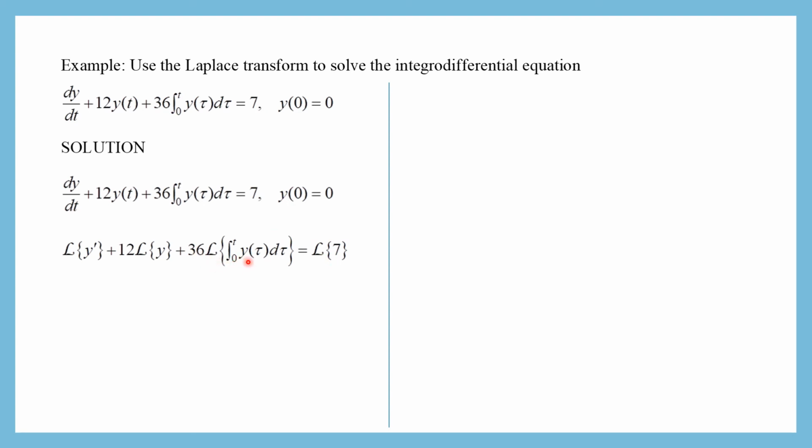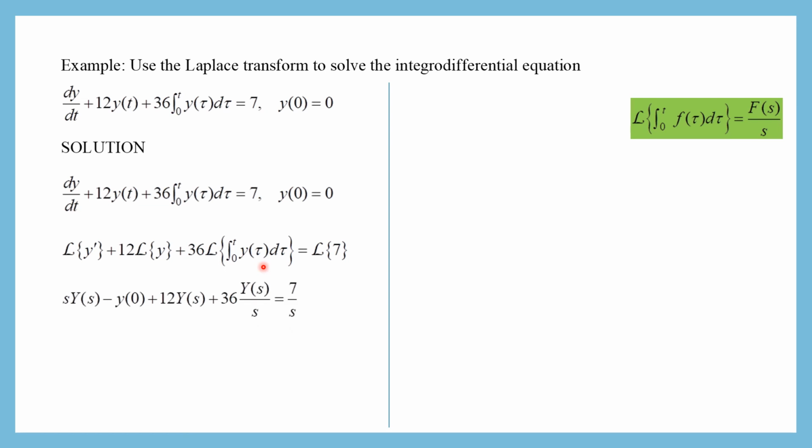We are going to use the convolution theorem. We have already solved a problem in the previous slide, and we found that the Laplace transform of the integral from 0 to t of f(tau) d tau is equal to F(s) over s. So we're going to apply this result to get the Laplace transform of the integration from 0 to t of y(tau) d tau.